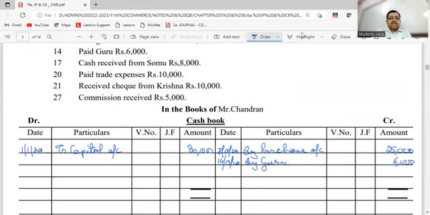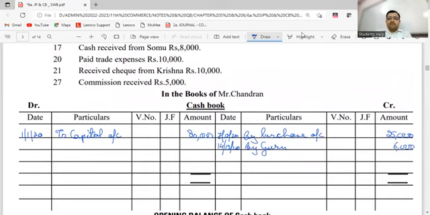Okay, sir. Cash received from Somu. But some people would say, nahi sir, humko account likhna hai. Then you need to mention apostrophe S, children. Then, children, transaction is cash received from Somu. What would be the journal entry? Cash account debit to Somu. What would be the posting done in Somu's account?